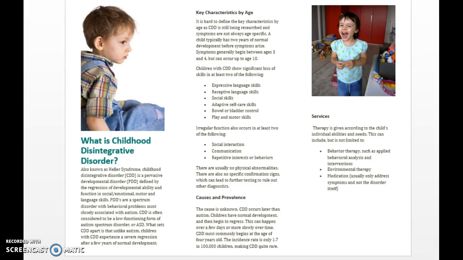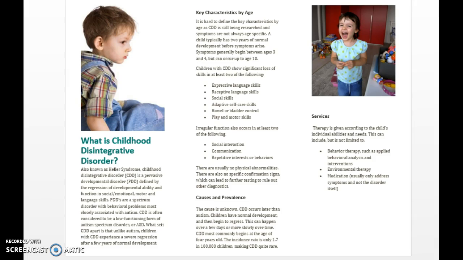Characteristics of CDD vary depending on the child. It is difficult to define symptoms by age because CDD can affect children at different ages and stages of life. A child typically will have 2 years of normal development before symptoms are apparent. Symptoms most commonly begin between ages 3 and 4, however, they can occur up until age 10.